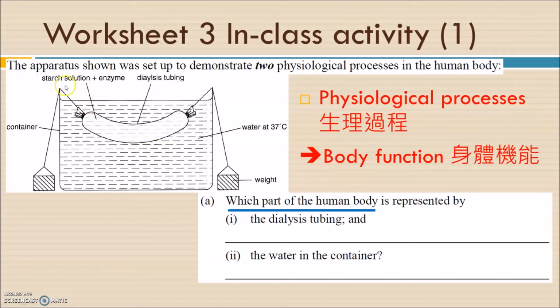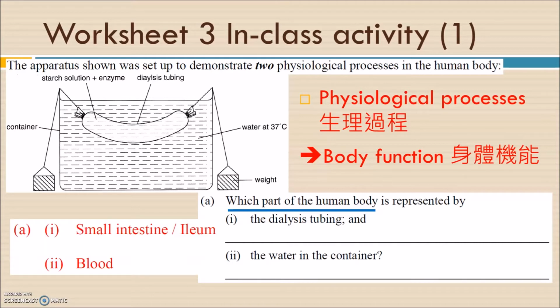And the starch will be broken down into glucose finally. Glucose is water soluble, so it's easy to understand that the water should be the blood, and the Visking tubing just represents the ileum or small intestine, the site of digestion. That's part A.